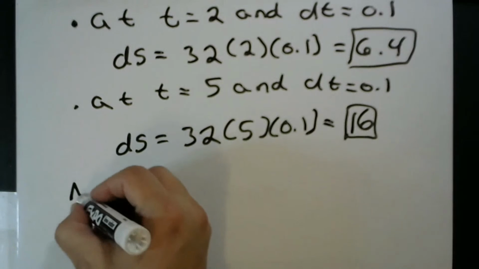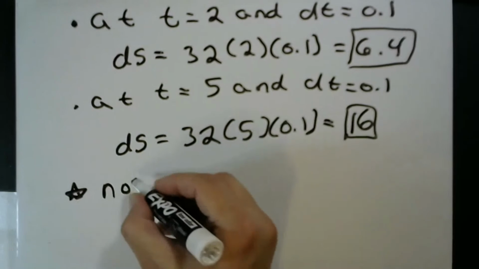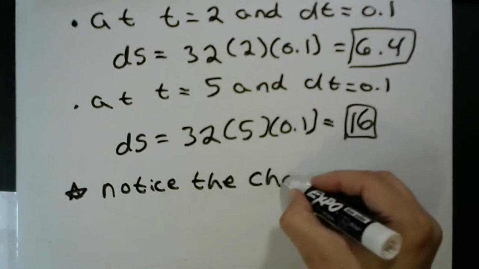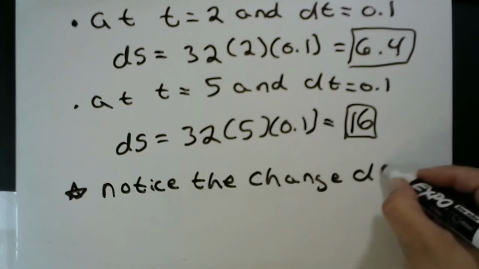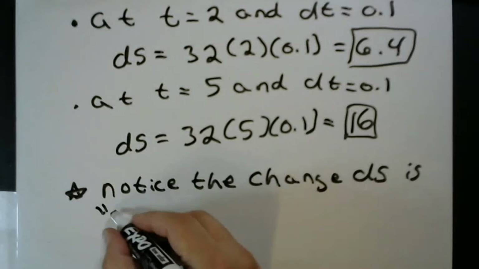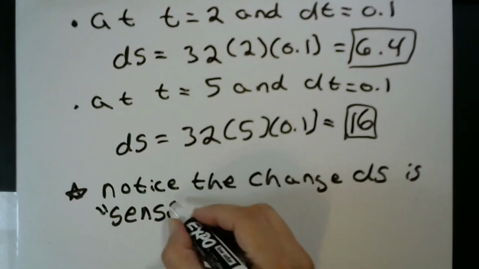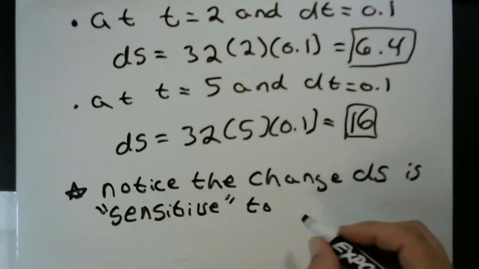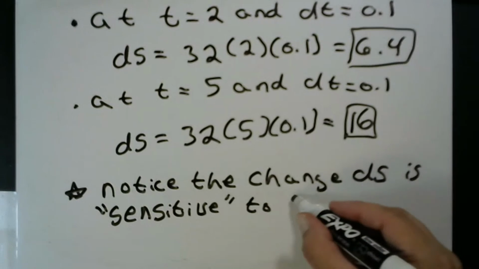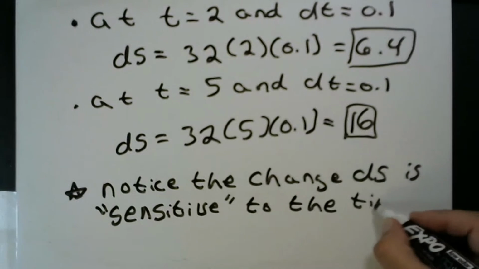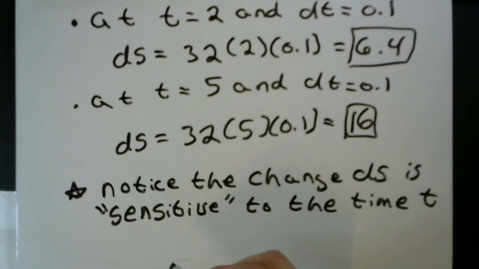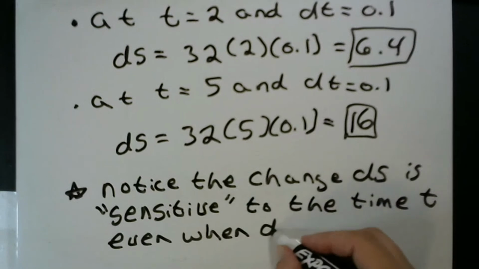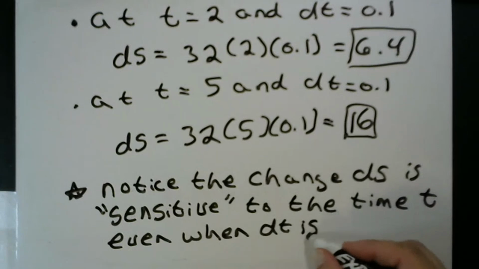So the moral of the story is going to be this. You want to notice the change ds is sensitive to the time t even when dt is the same.